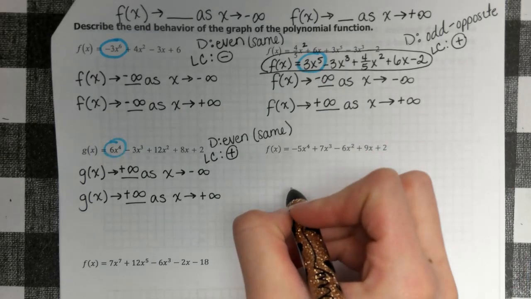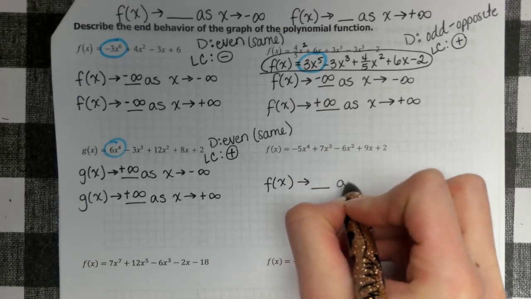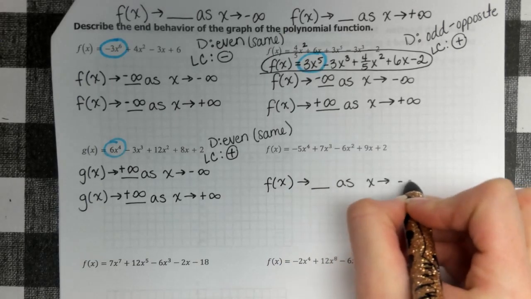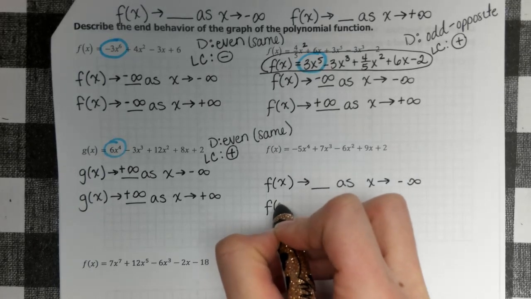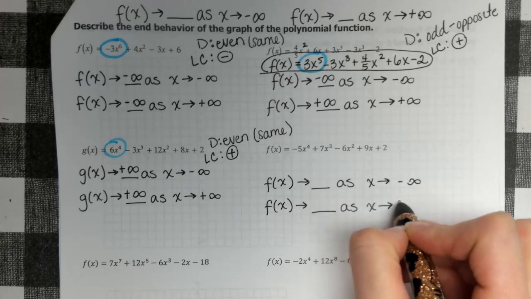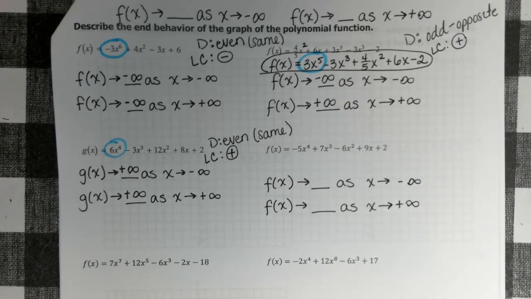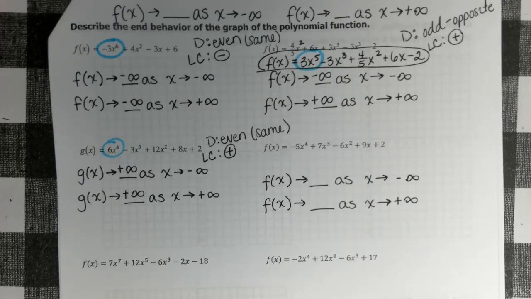Okay, so the next one, f of x approaches blank as x approaches negative infinity. F of x approaches blank as x approaches positive infinity. Is it in standard form?